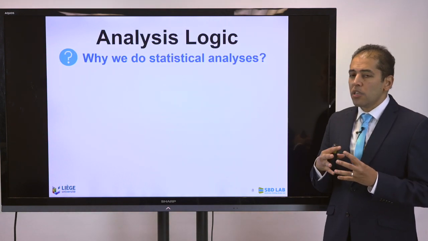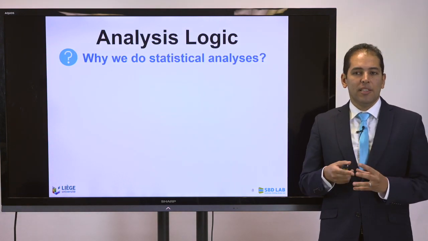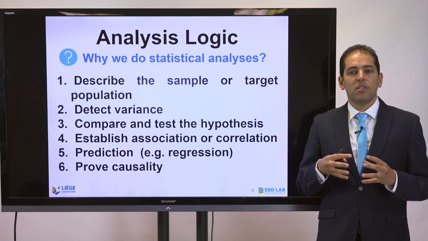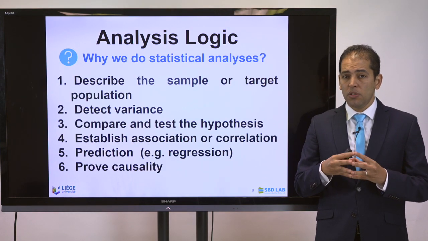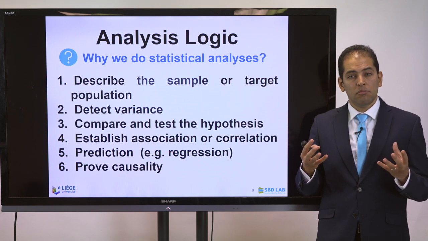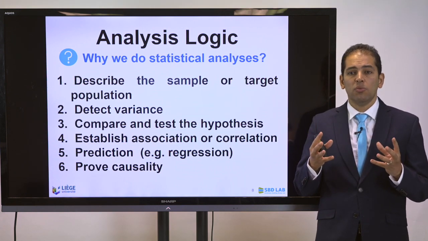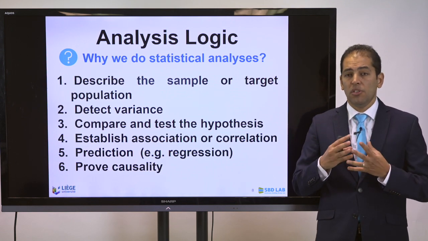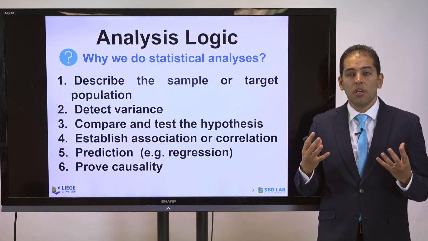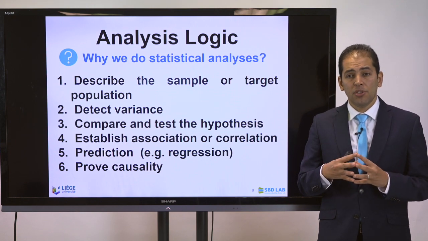Now, when we ask ourselves why we do statistical analysis, the first answer that comes to mind is that we try to describe subjects, a sample, a population. We try simply to characterize it, describe it, understand it, better put it in picture.